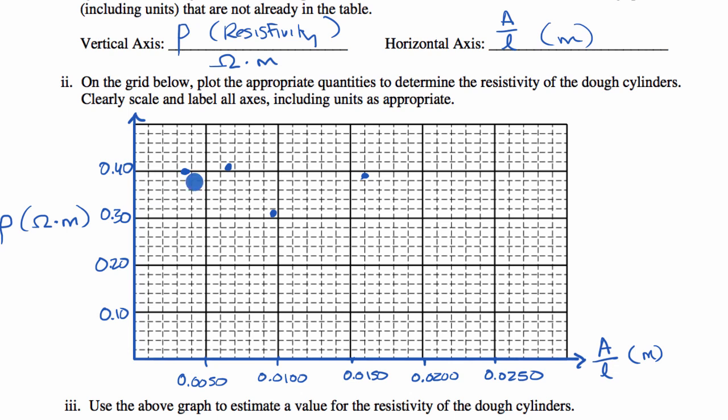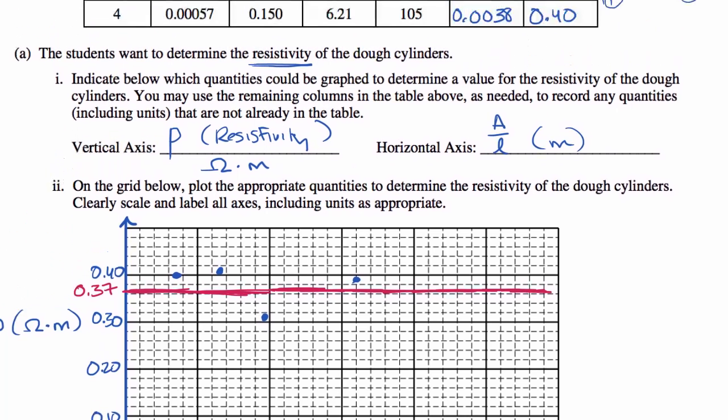So I'd want to get a little bit closer to these 3 up there because there are so many data points there. So I would say a line that looks something like that. And so this point right over here is maybe approximately 0.37 ohm meters. And we're done.